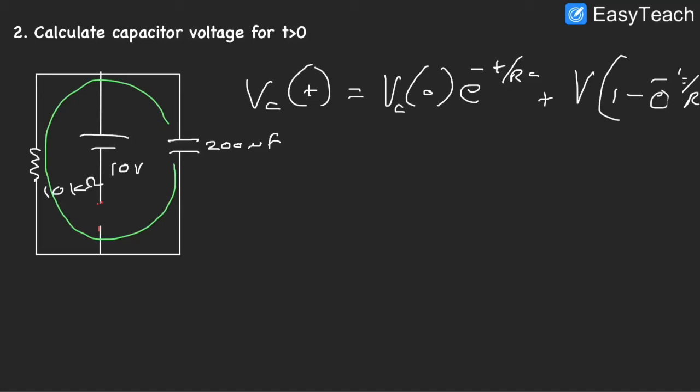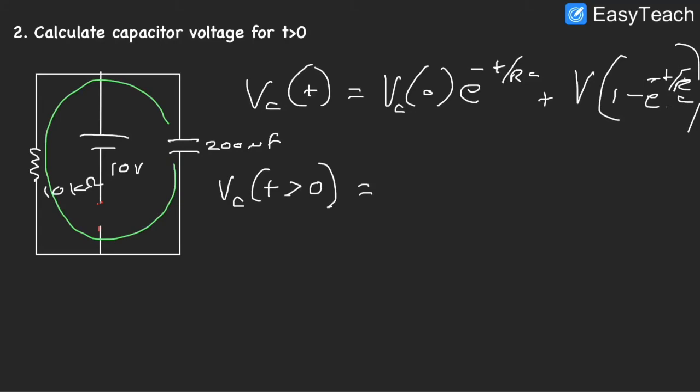Okay, let me rewrite that. I'm going to write it here. VC for t greater than 0 is, so what is the initial voltage on the capacitor? What is the voltage being supplied? It's 10 volts.